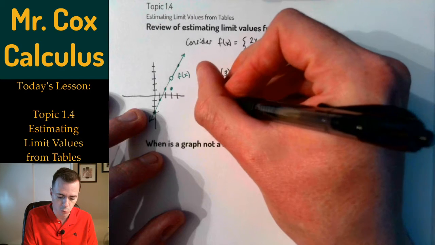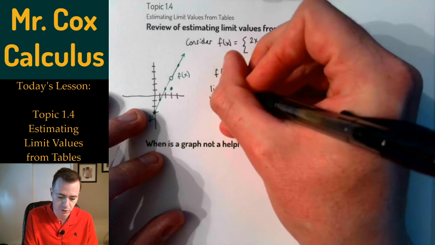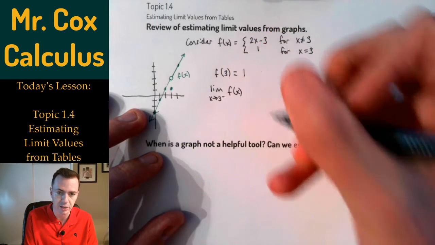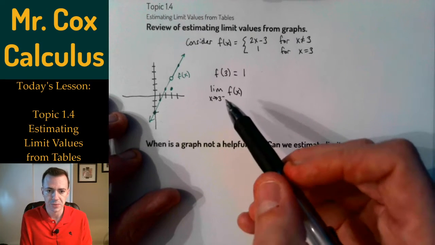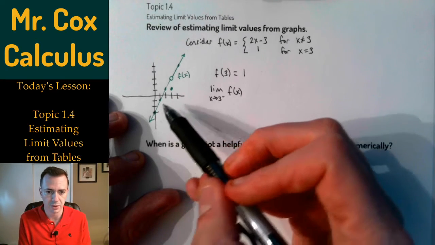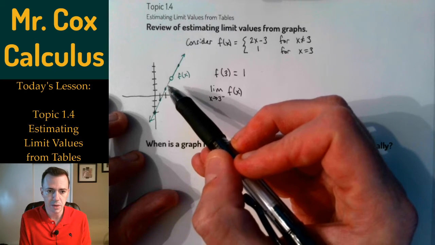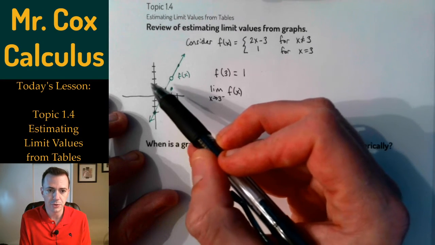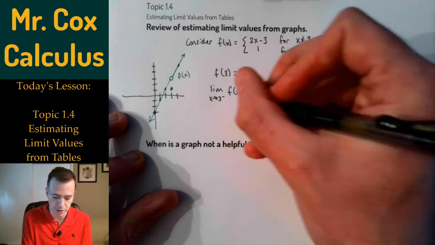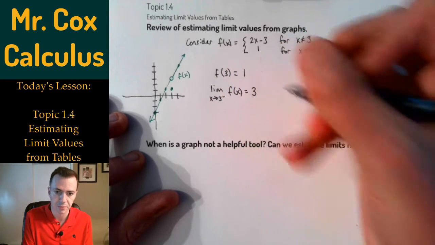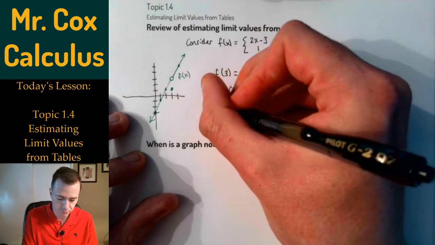And we're going to look at the one-sided limits first, and then we'll talk about the general limit as x approaches 3. So as I'm approaching 3 from the left, or as I'm approaching 3 from below, tracing my function here, the values are getting really close to 3. So I can say this limit equals 3.